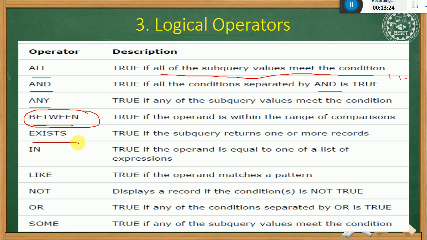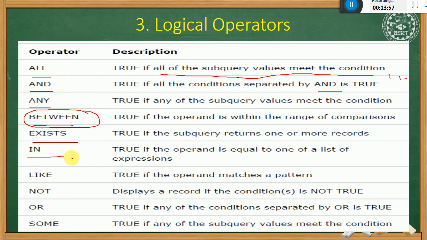Then exists means the range which is specified within the column value will be displayed in the result set. Exists means select star from student where roll number exists in between 1 to 10. So it will display the roll number records which exist between 1 to 10.